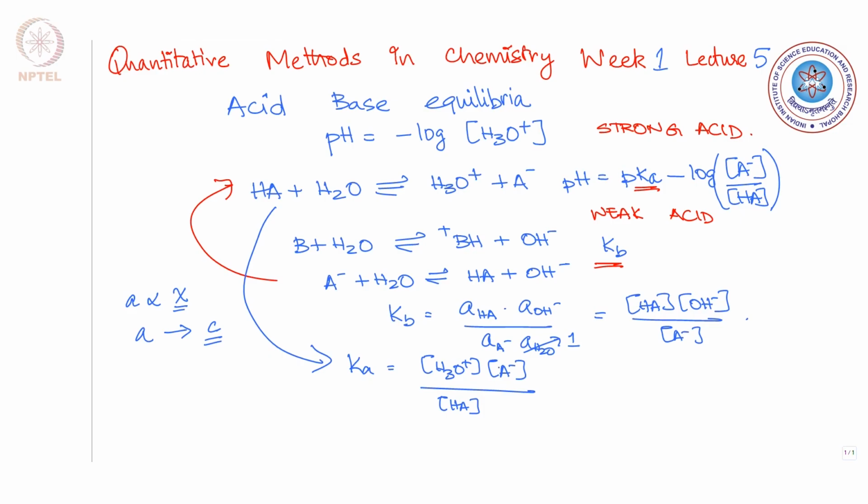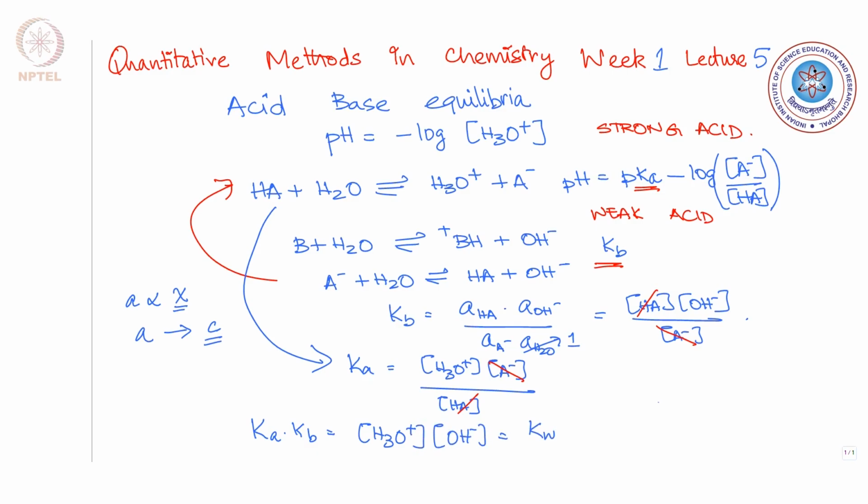Of course, here also we assumed the activity of water is 1 because it is a pure state, and we approximated activity to concentrations. So, one is able to realize if you take a product of Ka times Kb, the HA terms will start to cancel and the A minus term starts to cancel, and you are going to end up with H3O plus times OH minus. This is nothing but Kw.